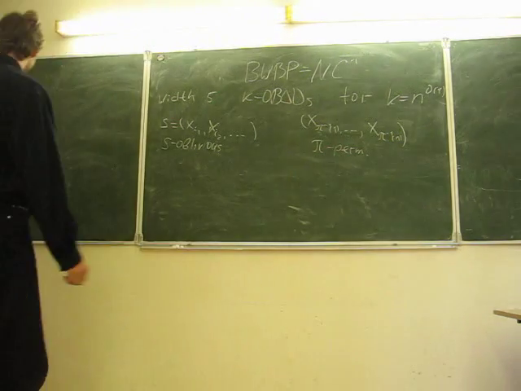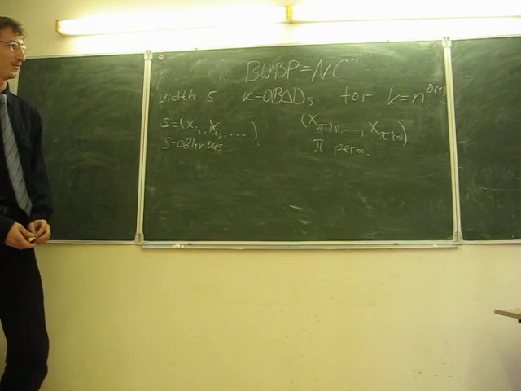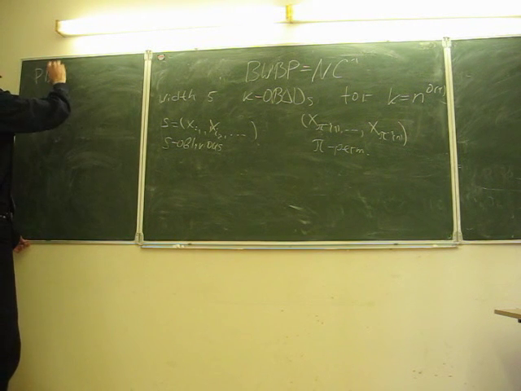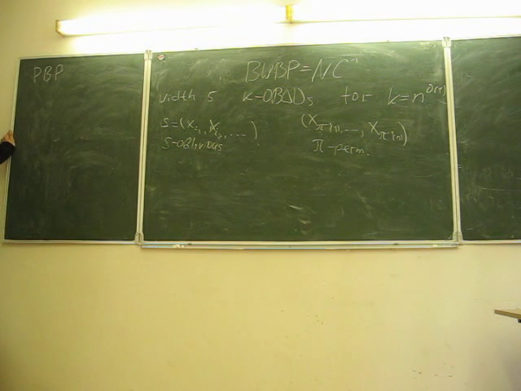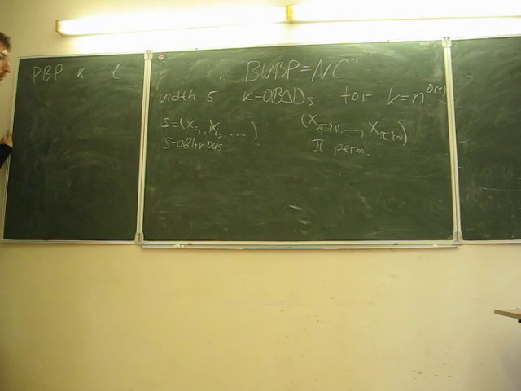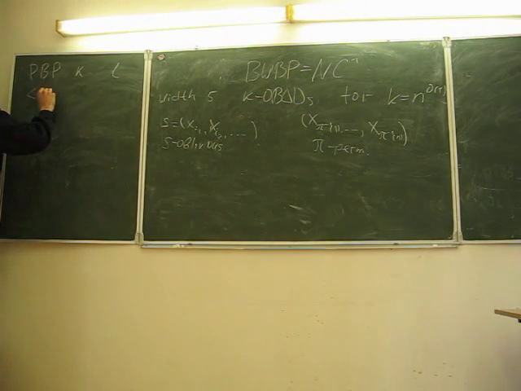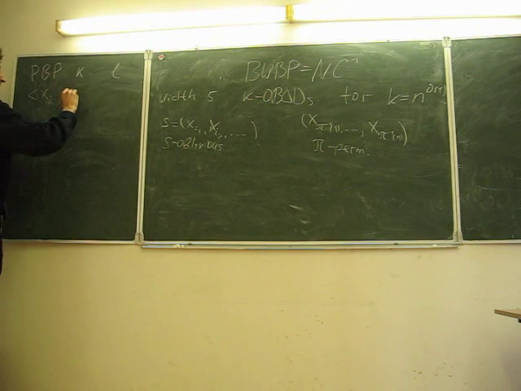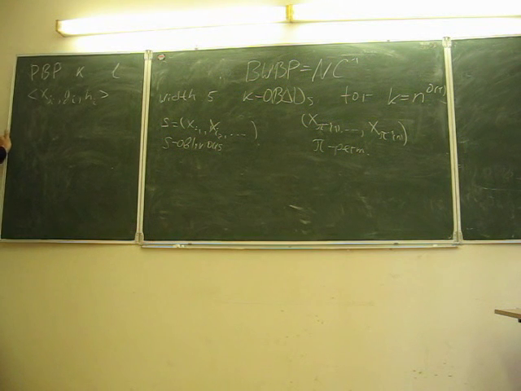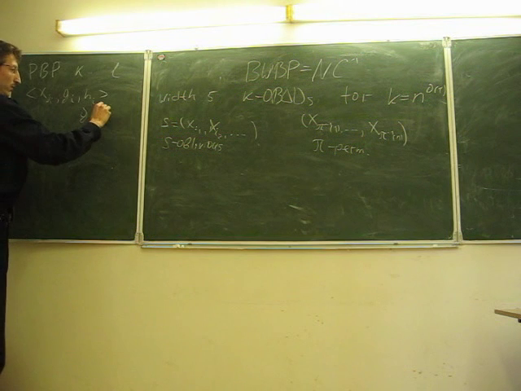Anyway, the proof will exploit the notion of permutation branching program, a PBP. A permutation branching program of width k and length L will be given by a sequence of L instructions of this type, where x_{j_i} is some variable, and g_i and h_i are some permutations of order k.